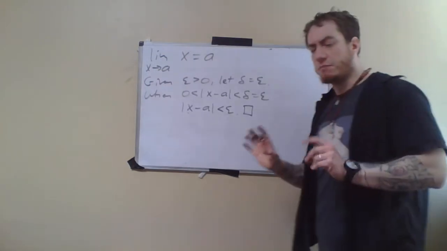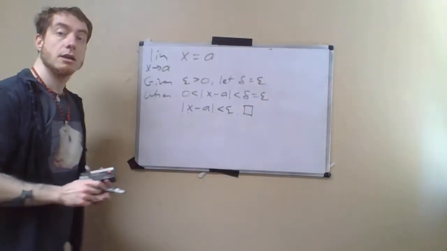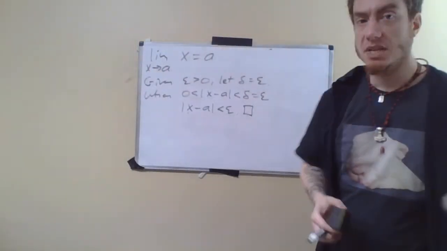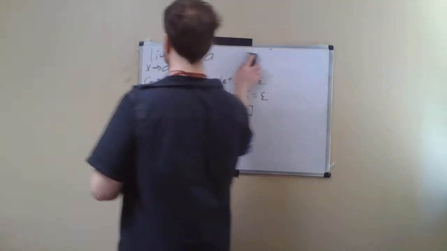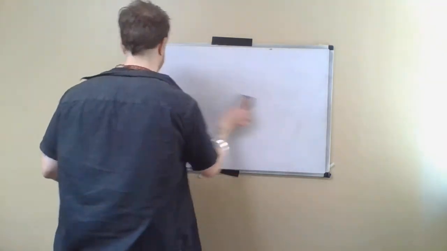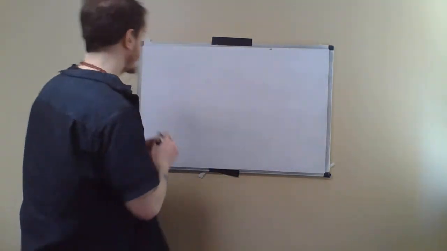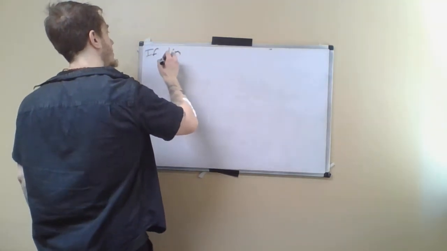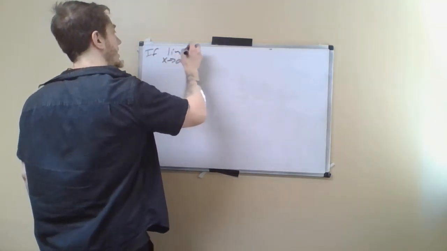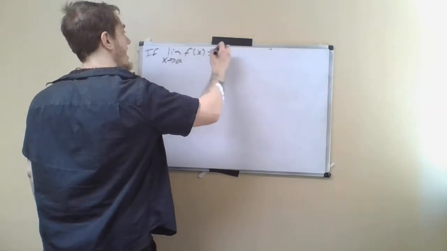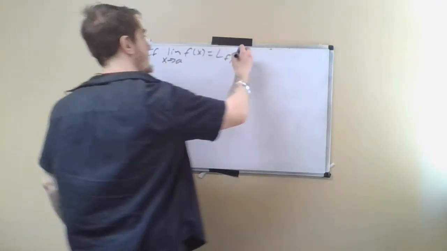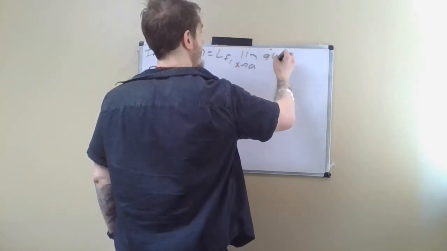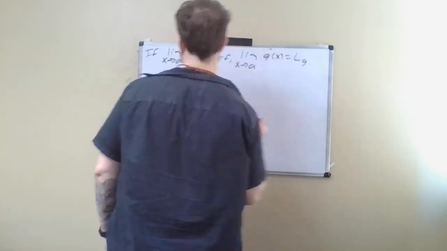Now, so far, we've just been calculating a couple of limits here, or not really even calculating, but proving them using the definition. But now we get into where things become really interesting. So, suppose the limit as x approaches a of f of x is equal to L sub f, and the limit as x approaches a of g of x is equal to L sub g.